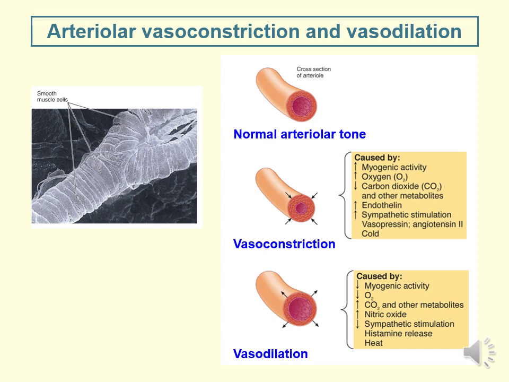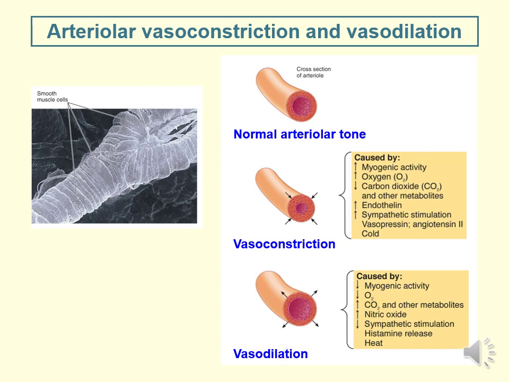In addition, if there's a fall in oxygen levels, then you get vasodilation. The pulmonary circulation is a bit different. I'm not going to confuse you by going through the pulmonary circulation, but normally if there's been a fall in oxygen levels within the body, you get vasodilation, and that really is a kind of protective mechanism that hopefully can improve the flow of blood and oxygen to the organs that demand it, so that they don't suffer any kind of long-term injury.